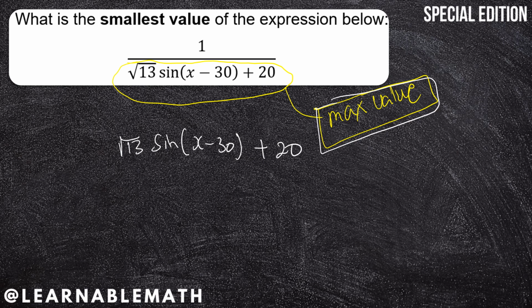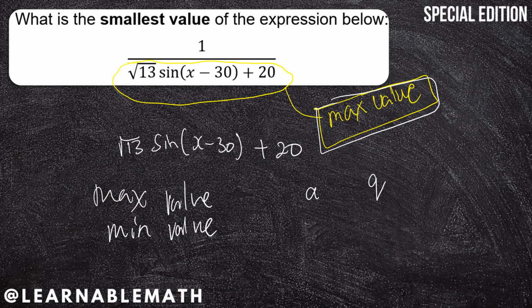There's a formula you have to use. Remember, the maximum and minimum values of a trigonometric function are determined by two things: your amplitude and your vertical shift.